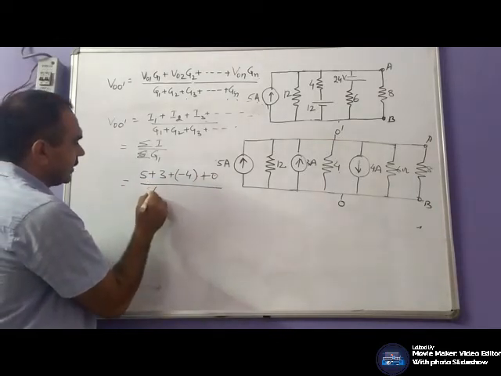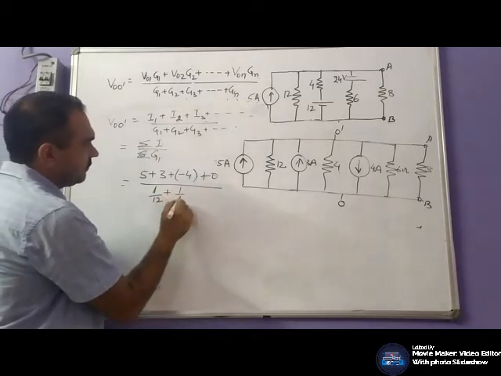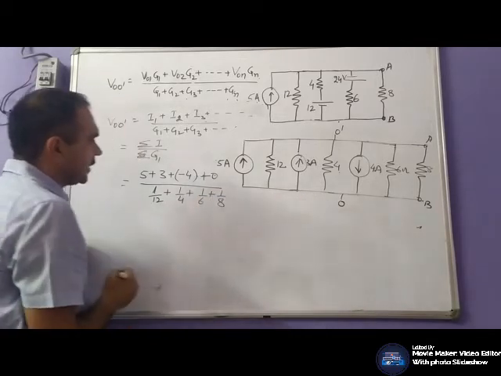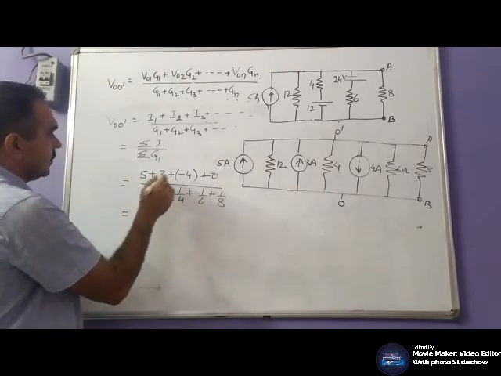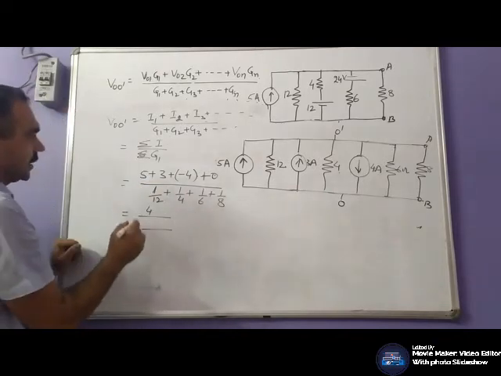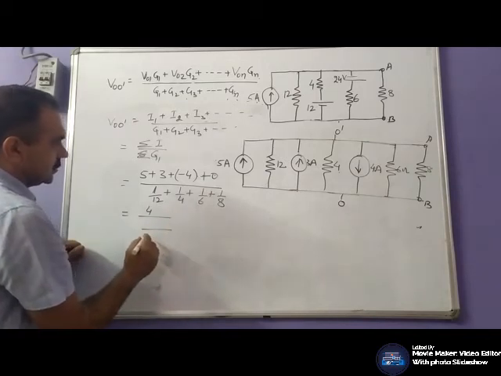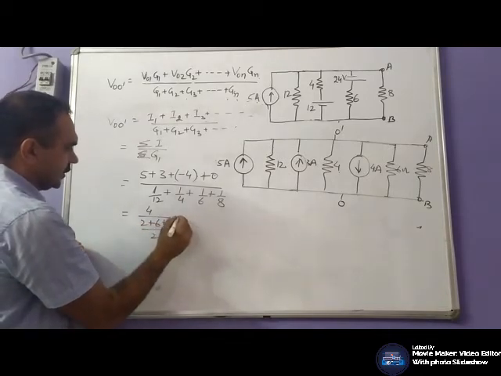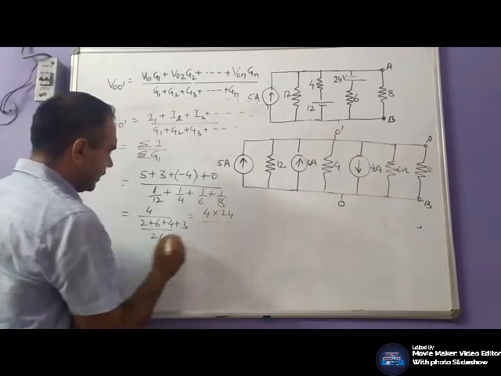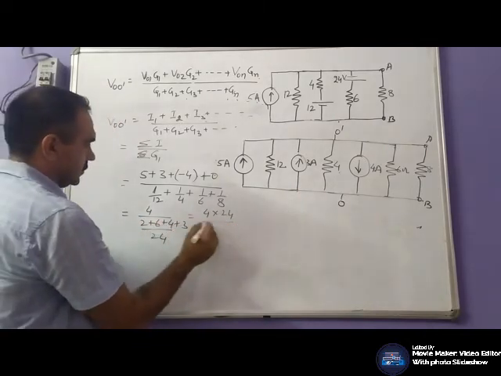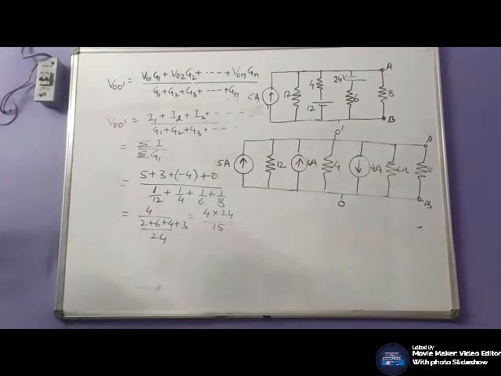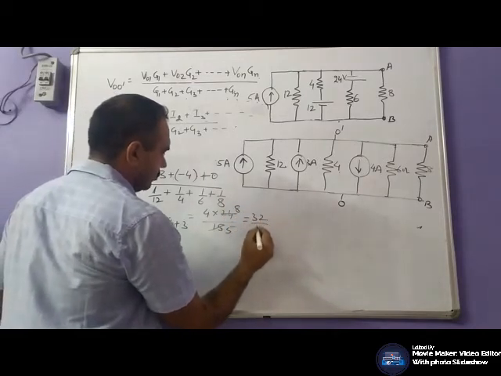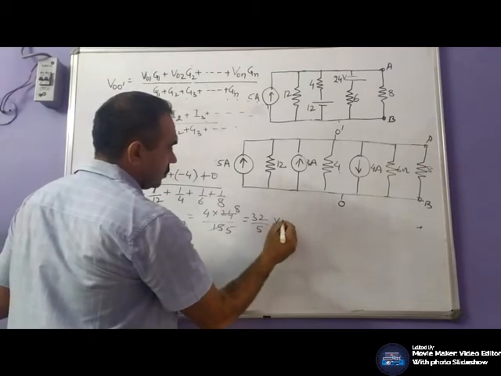Conductance is 1 by 12 plus 1 by 4 plus 1 by 6 plus 1 by 8, and it would be 4 by 24, 2 plus 6 plus 4 plus 3, 4 into 24 divided by 15, or 32 by 5 volt.